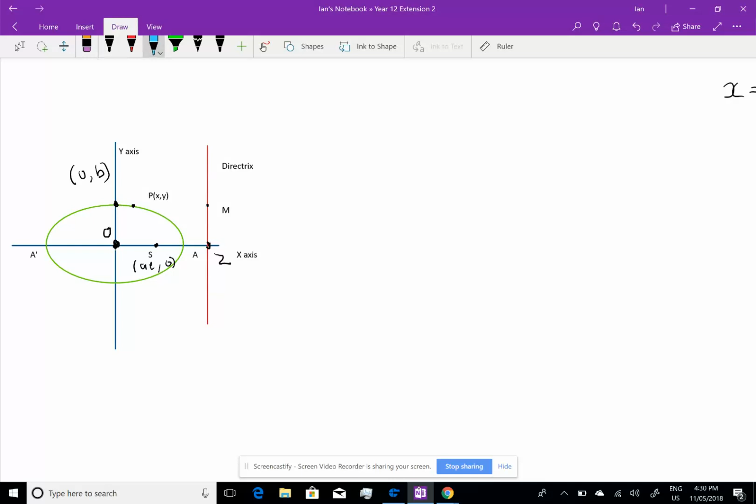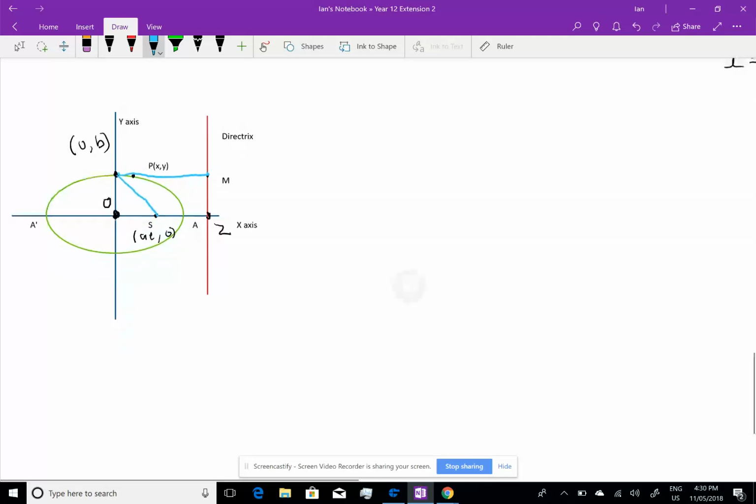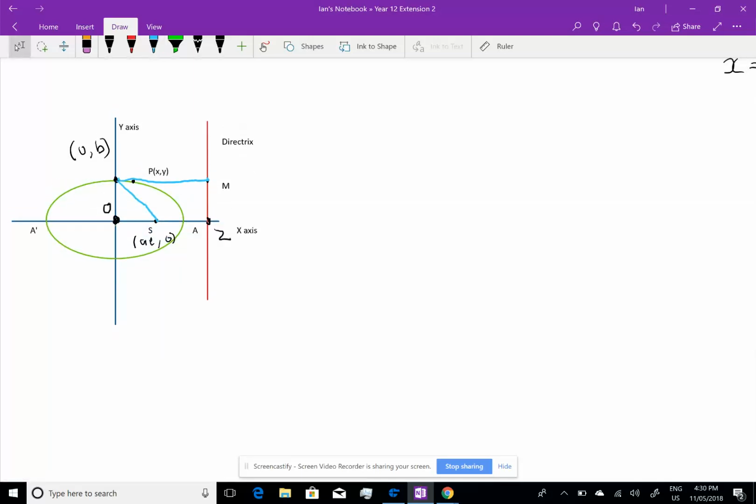So if I look at that distance there, and that distance there, well, I know that my eccentricity is PS on PM. And this is my new point P.